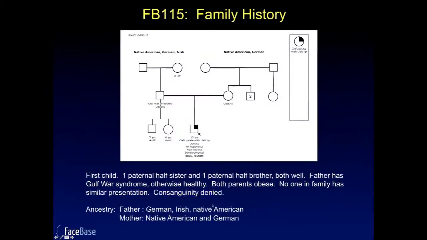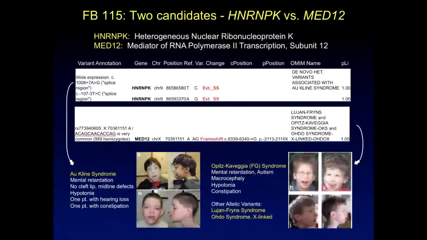So we sequenced the trio and basically found that there were two interesting variants. One, or I should say two, in the gene called HNRNPK. That's a nuclear ribonucleoprotein component that's involved in ribosome biogenesis. But you'll see that these are basically extended splice site changes.